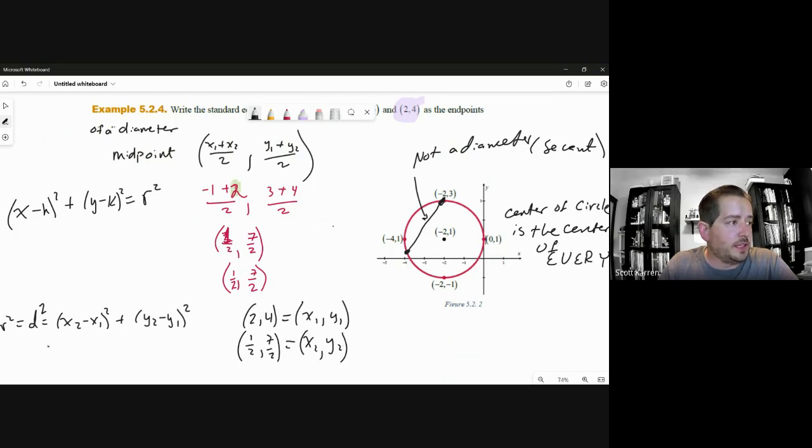And if I plug this in here, then I can figure out what r squared is. x2 is 1/2 minus x1, which is 2, squared, plus y2, which is 7/2 minus y1, which is 4.